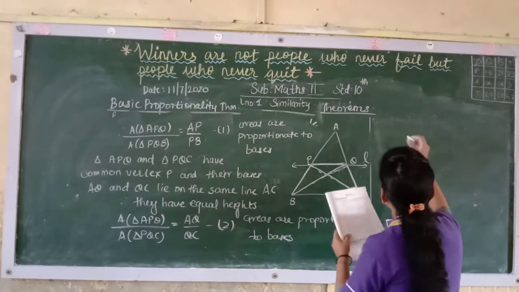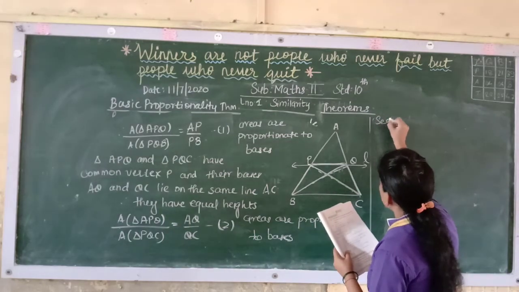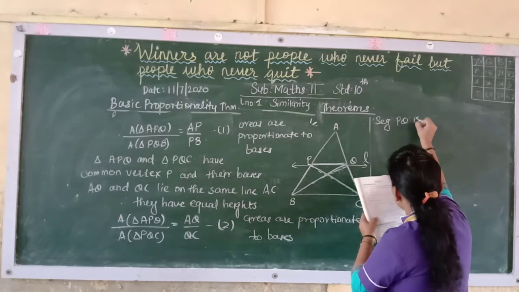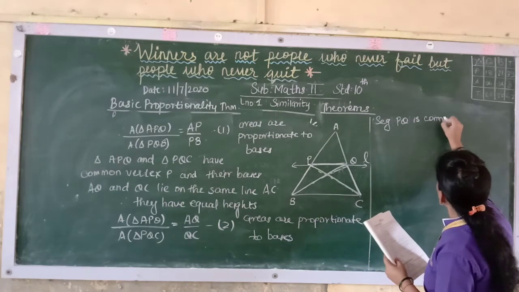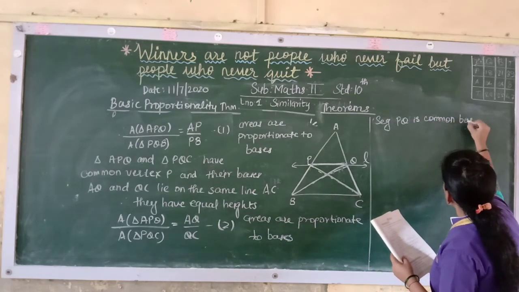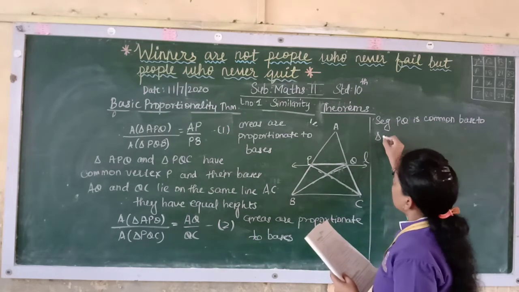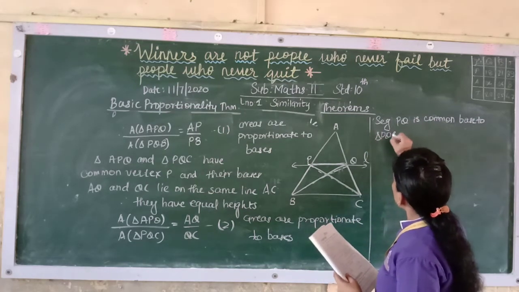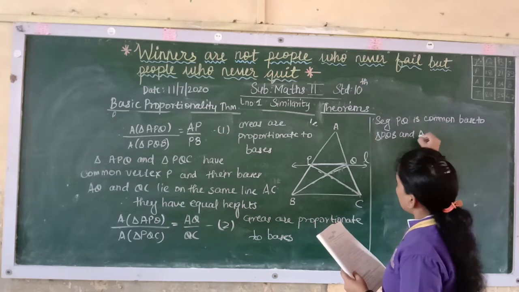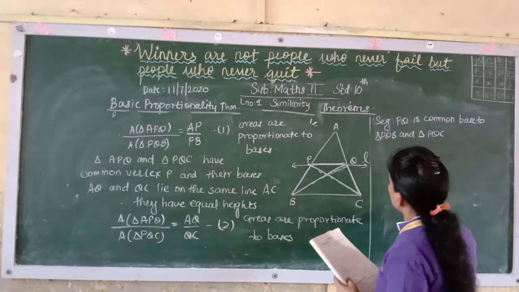So here you will write: segment PQ is common base to triangle PQB and triangle PQC.